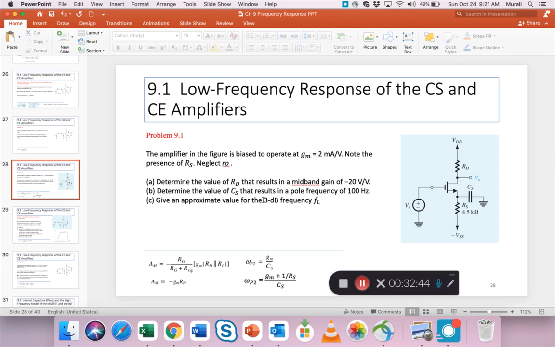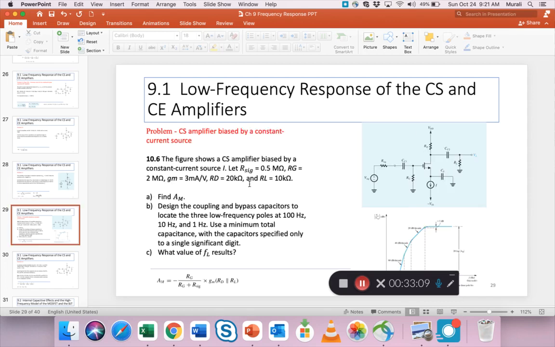He's not asking for a precise value. And an approximate value of FL, if no other information is given, is always Fp2 or omega p2. So slightly different twist on the material, but again, not too complicated a problem, right?